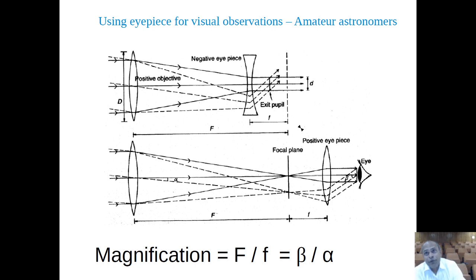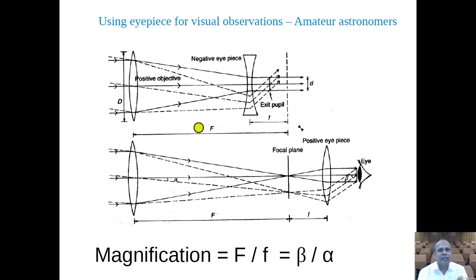After the image is formed, light is collected by this objective, either lens or mirrors. So the image is formed at the focal plane. Normally, if you want to see what this big objective sees, then we put an eyepiece. Here a negative eyepiece is put, before the light focuses, and then finally the outgoing beam goes to our eye.